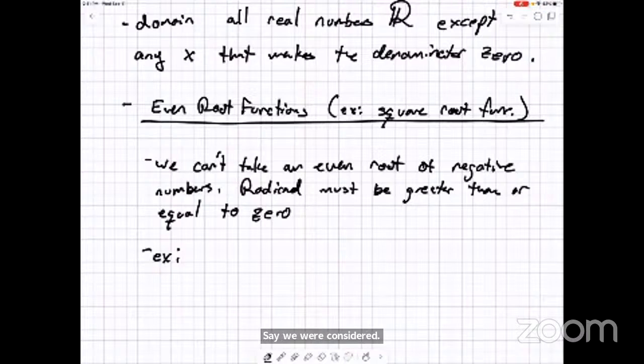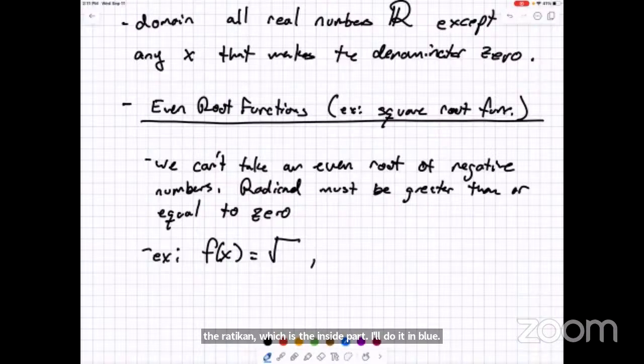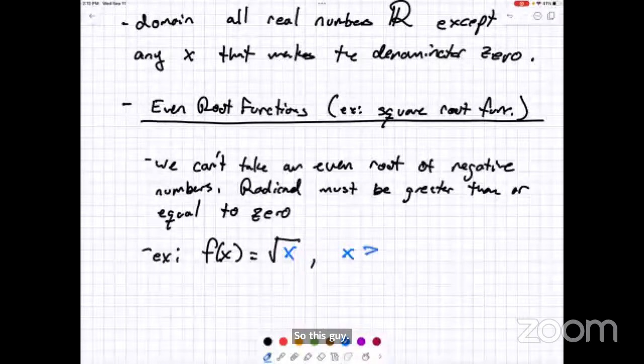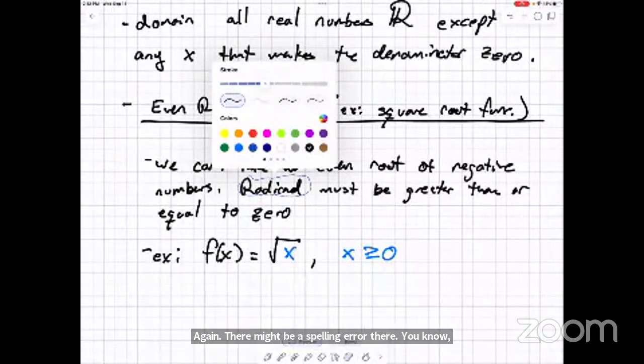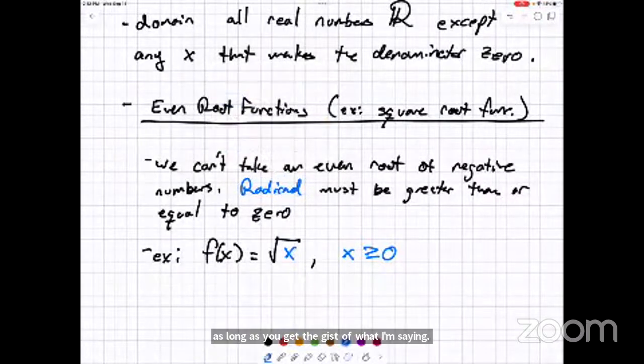Then the radicand, which is the inside part, has to be greater than or equal to 0. Again, there might be a spelling error there. As long as you get the gist of what I'm saying, that's all I'm really concerned with. So the radicand is the inside part, okay?